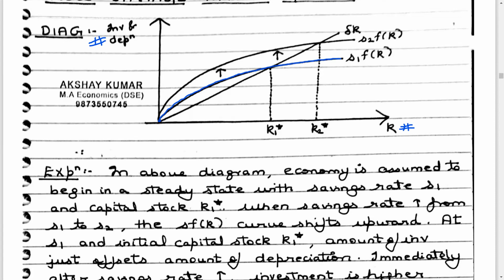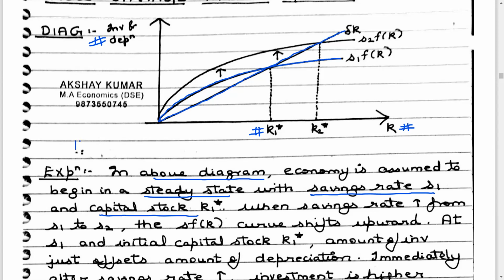My depreciation line is delta k. So guys, initially my steady state is given by K1 star. So in the above diagram, the economy is assumed to be in the steady state with the savings rate S1 and capital stock K1 star. Now suppose the savings rate goes up.